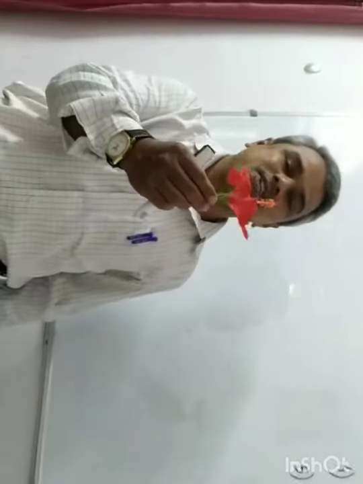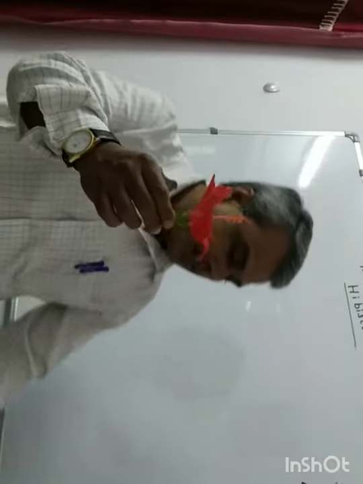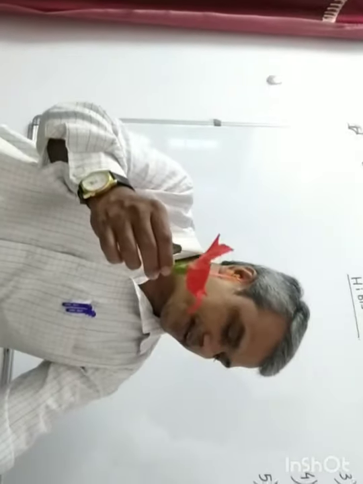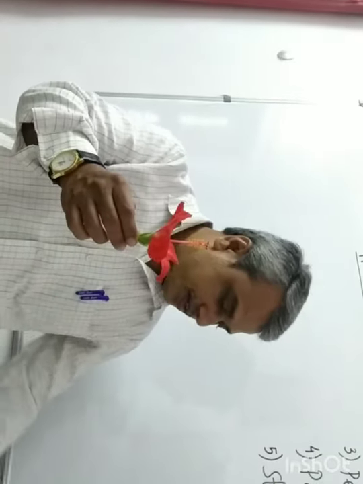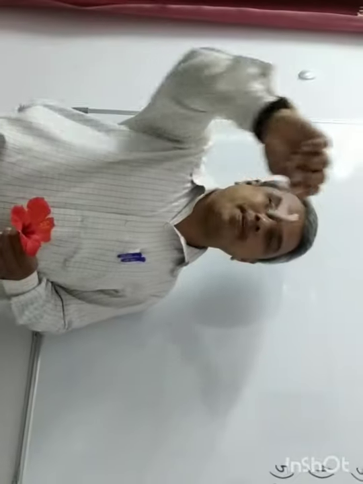Just remember, the flower is the most beautiful and attractive part of the plant. This is one type of flower, a bell-shaped flower. You can see the white color.